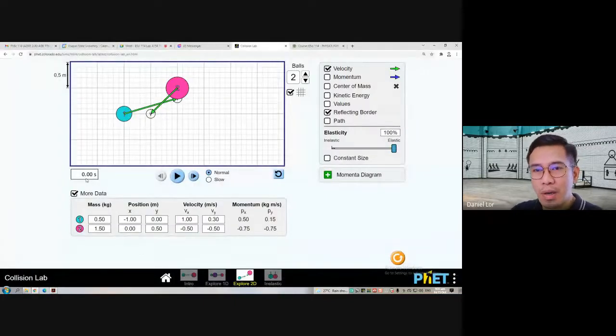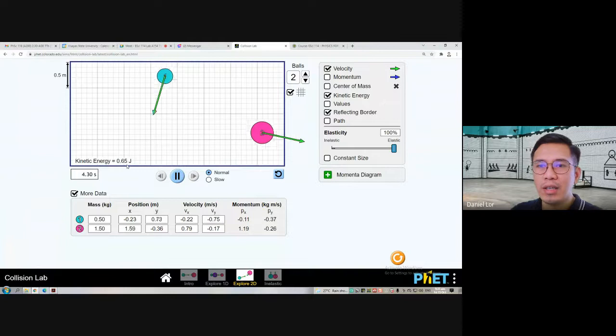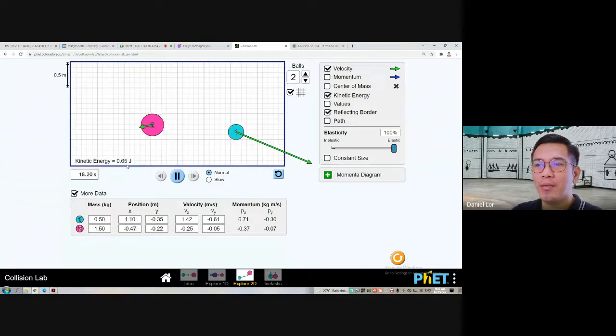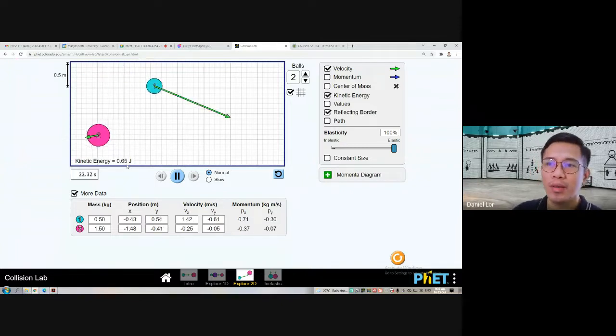Because if we will click here the kinetic energy value, 0.65 joule, when they collide, what happened to the kinetic energy? Wala siya na change. Because kinetic energy is basically energy. It will be conserved. So it will only transform from one form to another. It can be transferred from one body to another, but it will not be lost. Okay?